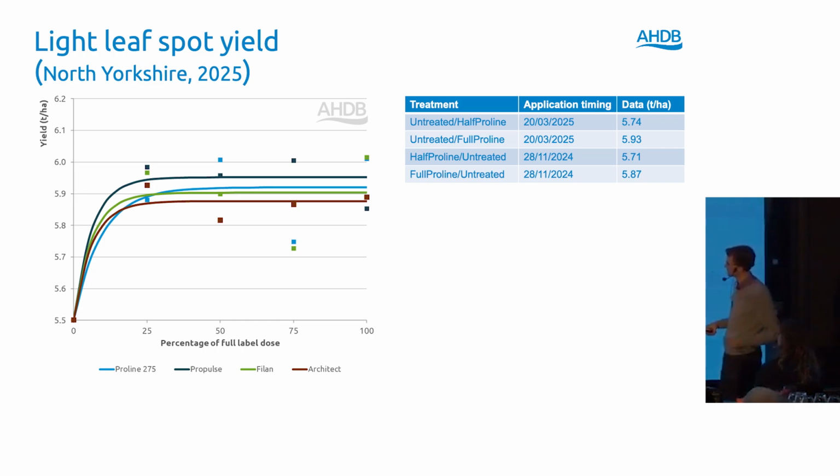That's building up a yield potential, which you're then targeting with a second application in the spring to effectively put another protected layer on to protect against that sporulating stage, which is carrying on that yield potential built up from the autumn applied timing through to harvest.